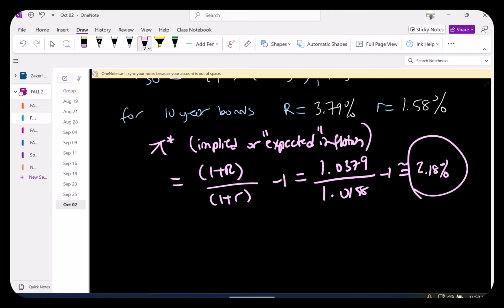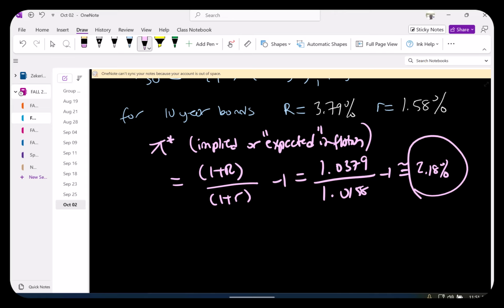Suppose Patel expects that over the next 10 years, overall inflation is going to be 3%. Would you buy the nominal bonds or the TIPS? Think of it this way. Let's do things approximately, since we're doing a back-of-the-envelope calculation.